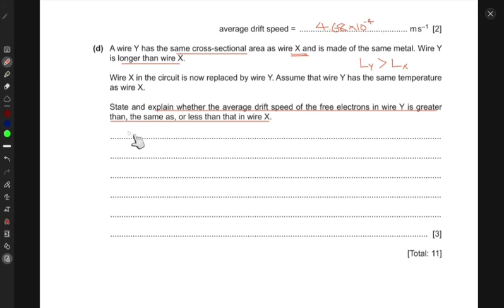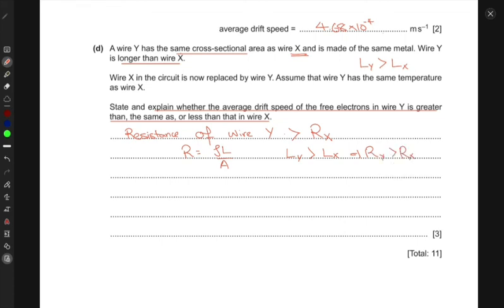Now the resistance of wire Y would be greater than the resistance of wire X. Why? Because we know that R is equal to rho L by A. If Ly is greater than Lx, that directly implies that Ry would be greater than Rx.